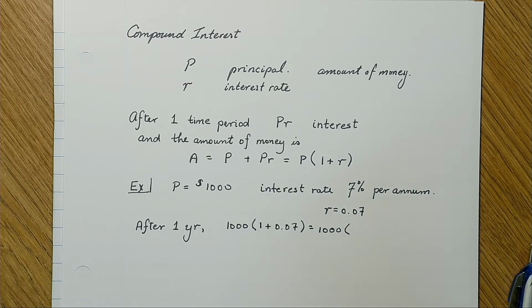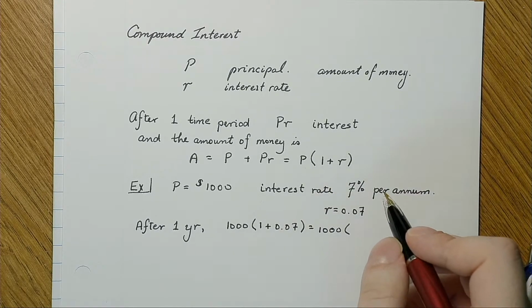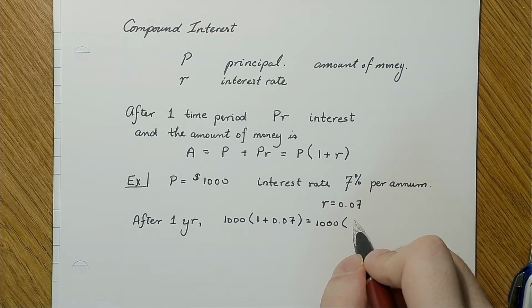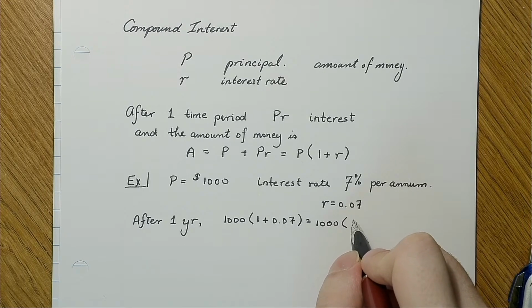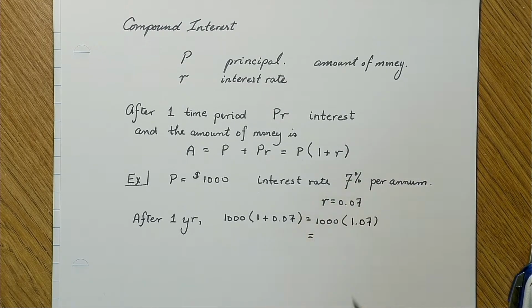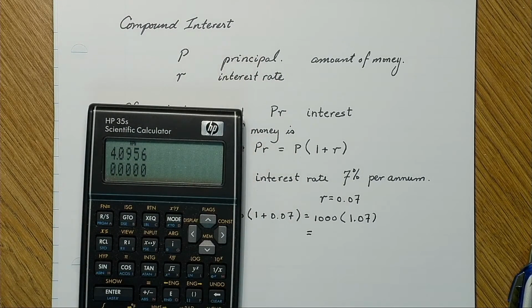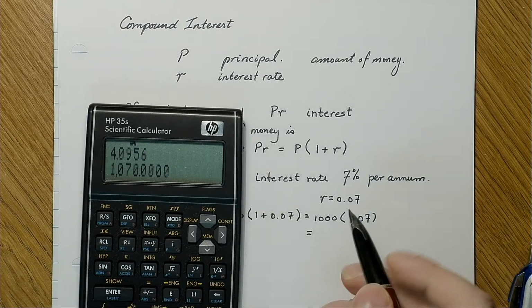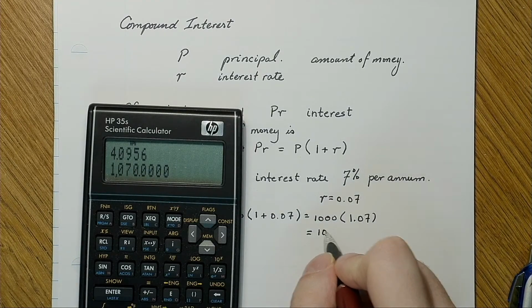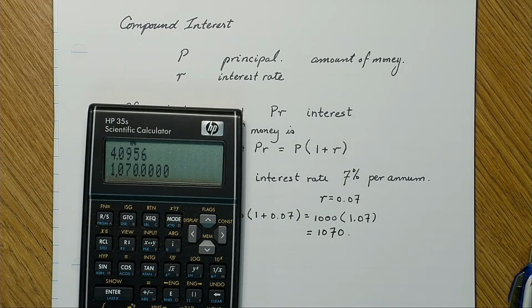That's why I picked 7. 7 is kind of standard. And if you pulled out the calculator, 1.07, and you multiply by 1,000, you should have 1070. Of course, you just had to move the decimal places.